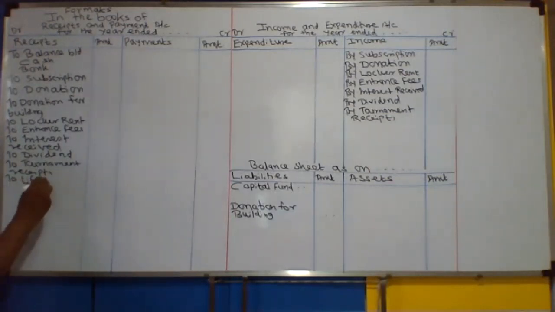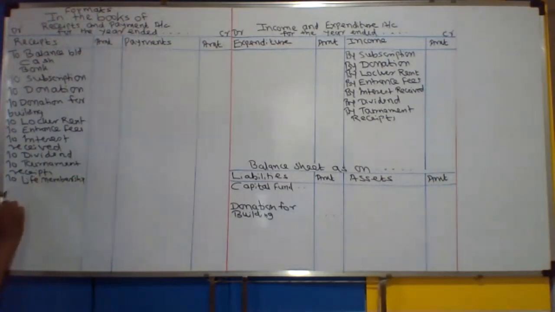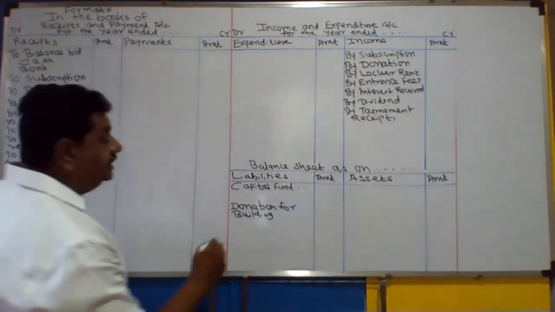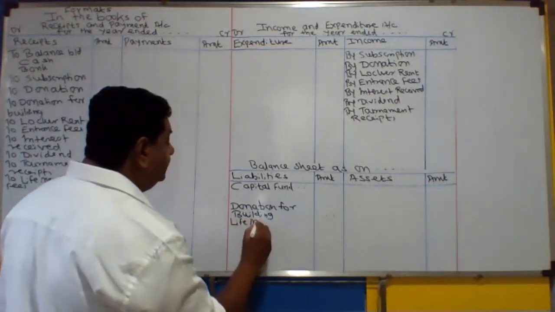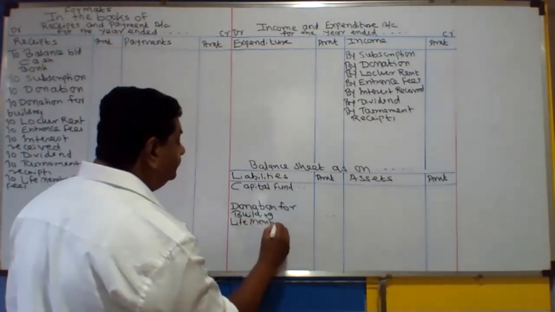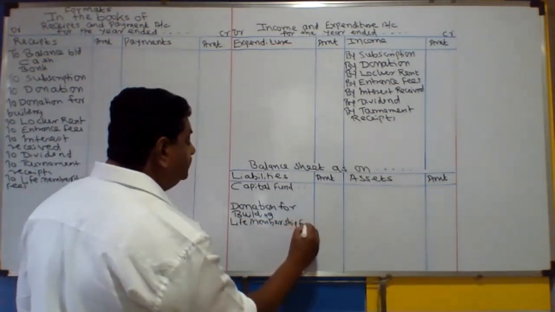To life membership fees. Life membership fees. Now this is normally a capital receipt to be recorded to balance sheet liability side.